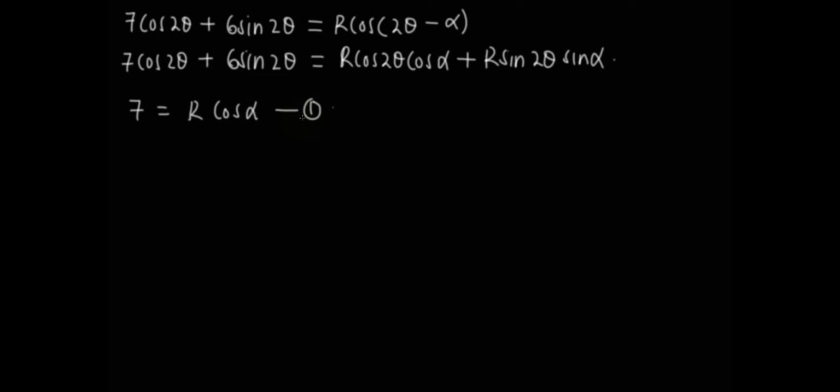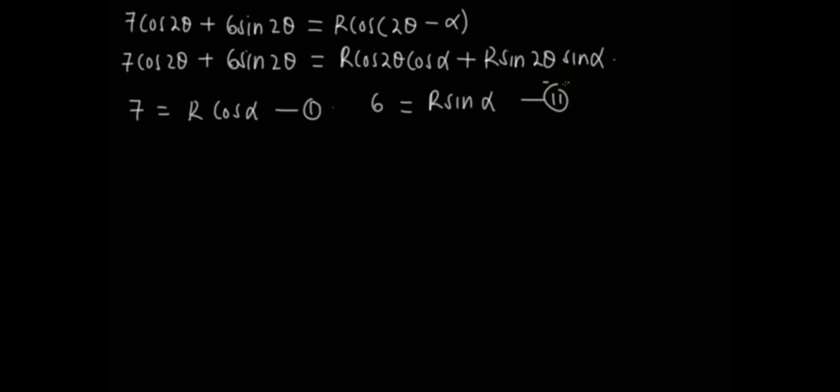Now we compare the coefficients of sin 2θ on both sides. On the left hand side we have a 6, which is equal to r sin α, and that is equation number 2. So we have simultaneous equations in terms of α and r.